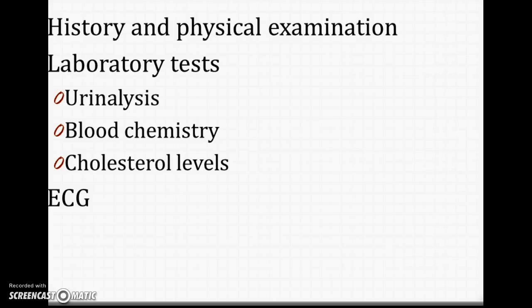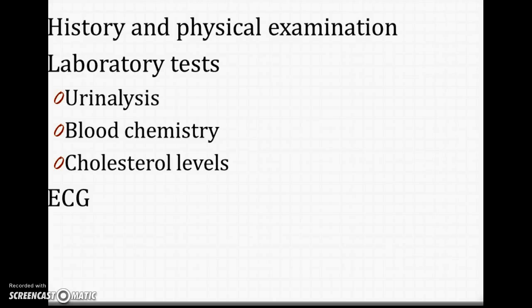A lipid profile: elevated total cholesterol and low density lipoprotein levels increase the risk of atherosclerosis, which finally causes hypertension. What else do we need to do?